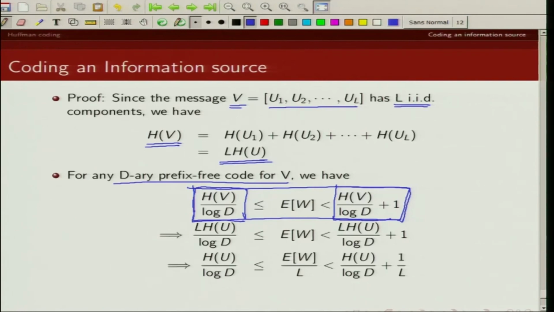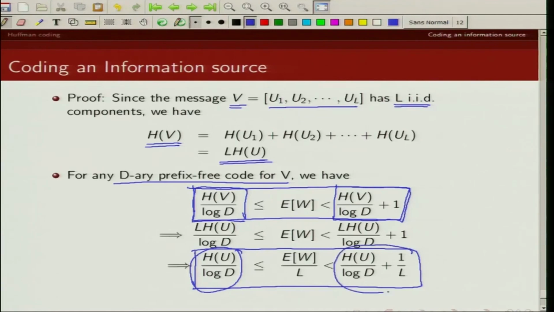So if we plug in the value of uncertainty in V, what we get here is L times H of U over log of D. This must be less than the expected code word length, and expected code word length is less than L times H of U over log D plus 1. Now if we multiply by 1 over L, we get this relation: the average code word length per source symbol is lower bounded by this quantity, the entropy, and upper bounded by this quantity.